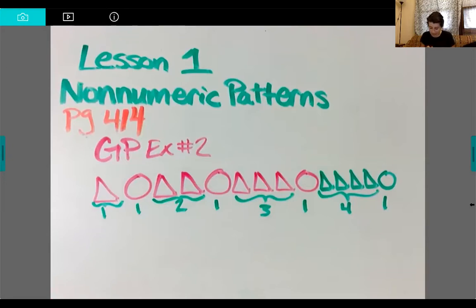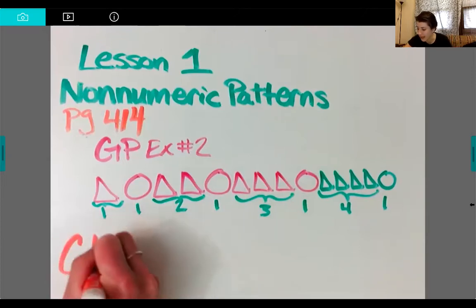All right, now for your classwork today, I would like you to try examples 3, 4, 5, 6, 7, and 8. And I would like you also to do numbers 9, 10, and 11 on page 415.